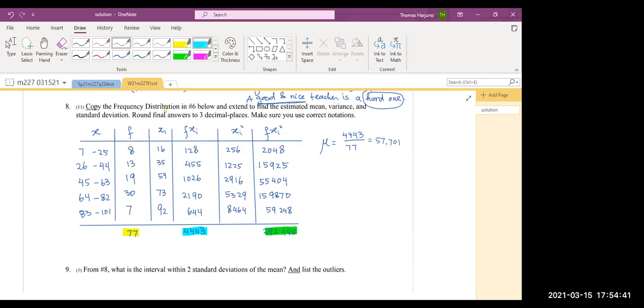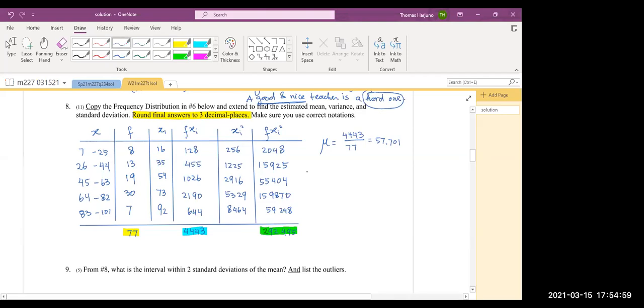They say round the final answer to 3 decimal places, right? So you can just make it 3. If I don't say round to how many decimal places, then assume 5 all the time, okay? Assume round to 5 decimal places if I don't say anything else.